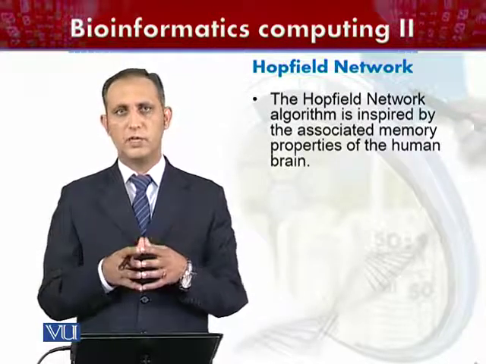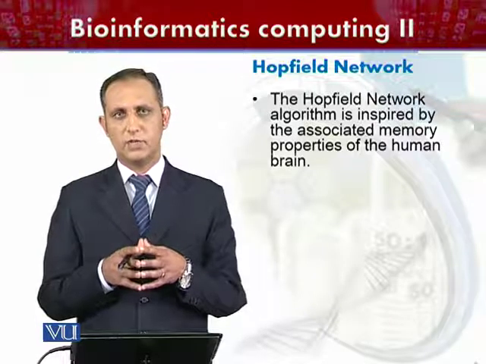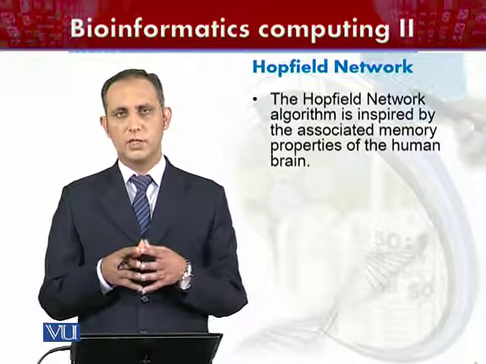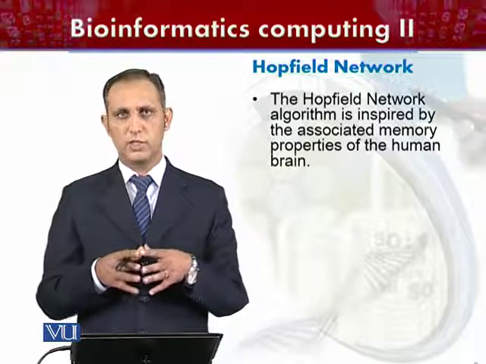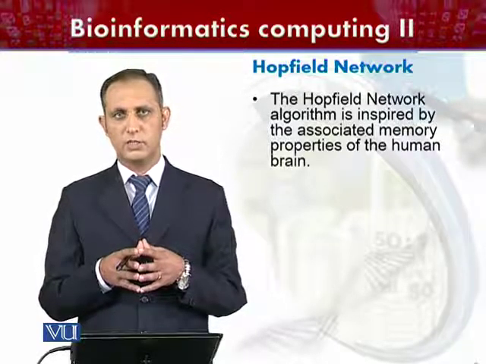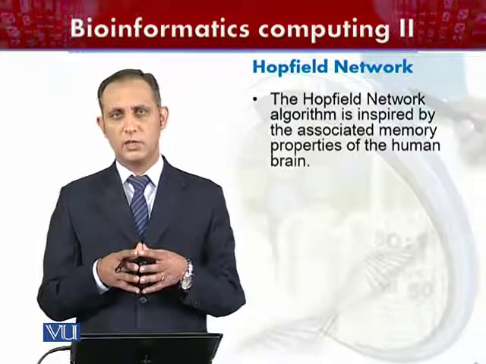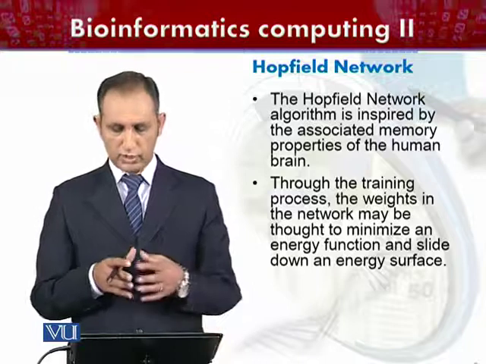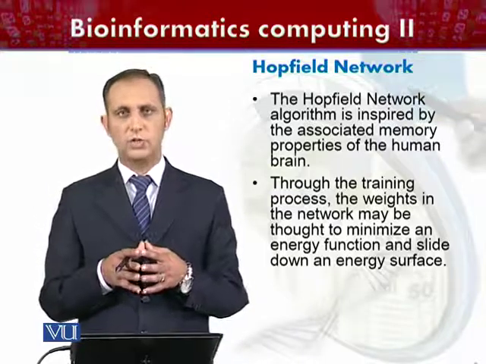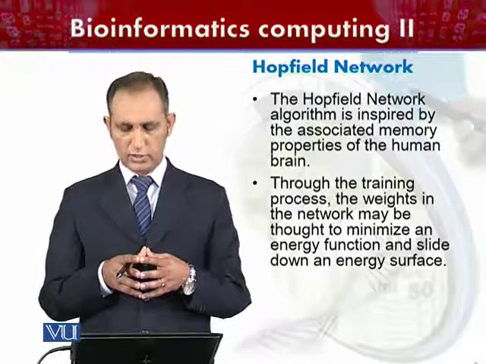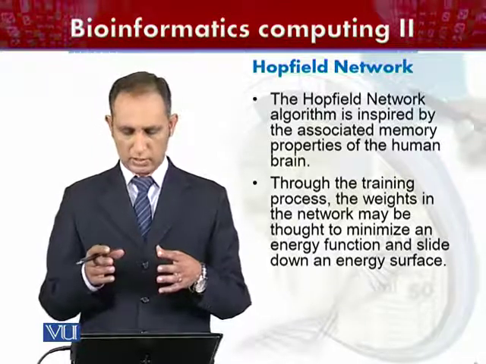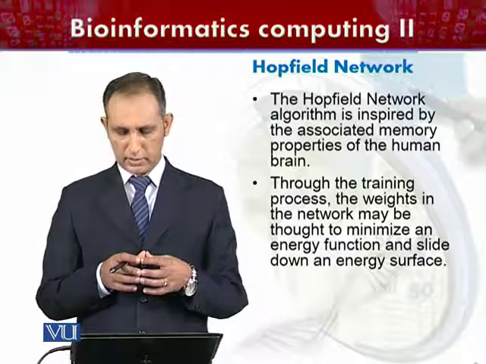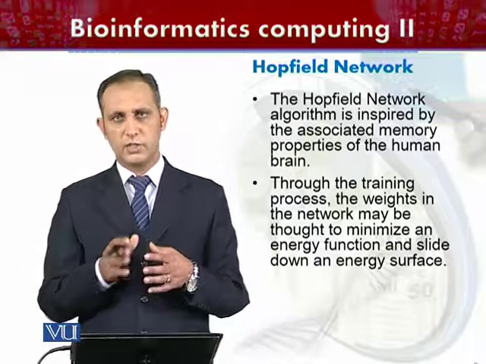The human brain has a massive property of associative memory, and these Hopfield network algorithms are inspired by this associative memory property of the human brain. Through the training process, the weights in the network may be thought to minimize the energy function and slide down an energy surface.